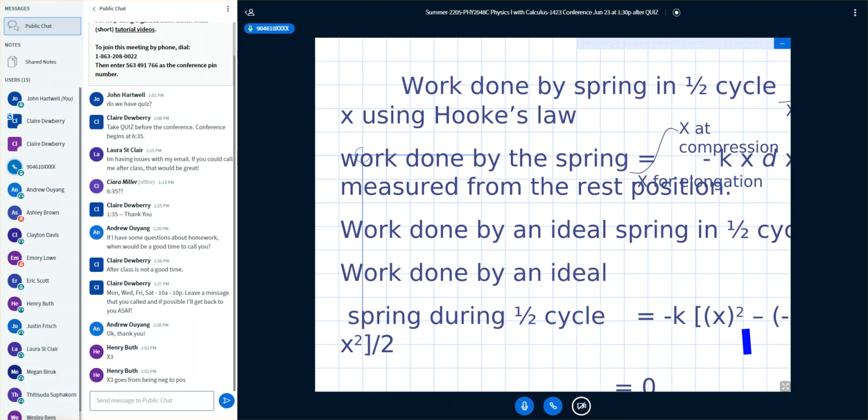But usually you will set a reference in the laboratory or wherever you're working, the ground, the floor. mgh, or capital U sub g, that should be a sub g there. This is the amount of energy put into this system by your force lifting the mass a distance of h.